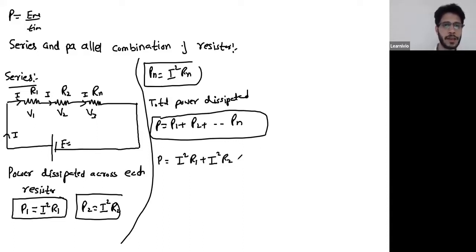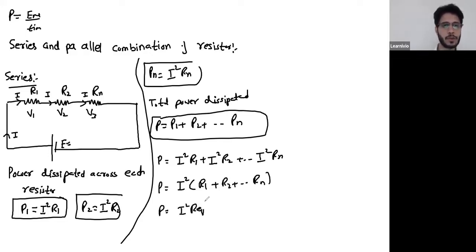Jubena, can you guess the final result? If I keep on adding and I take I square as common, R equal to... Very good. So your power would be I square into R equivalent. So to calculate total power, you can either add individual powers or you can simply take I square multiplied by R equivalent. So let's start with this question.